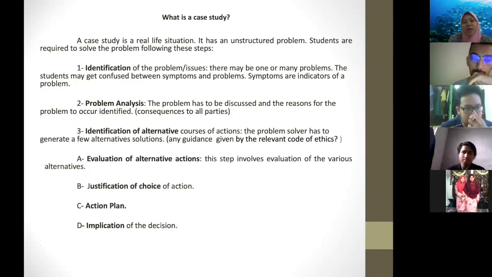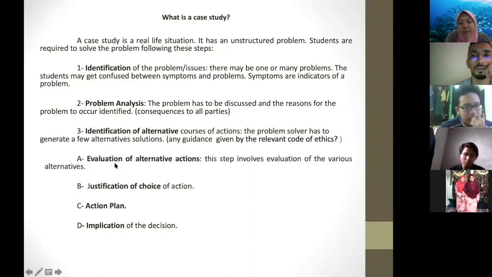When you identify alternative solutions or courses of action, you can just brainstorm and put everything down. It may not make sense. For example, maybe he needs to jump off the building. That may not be a good solution.